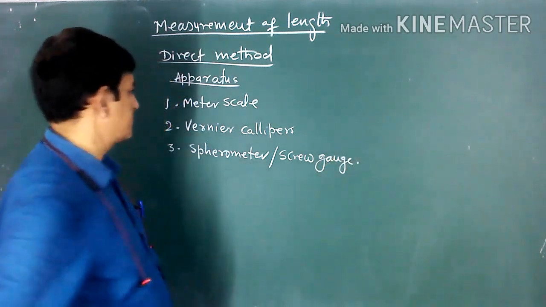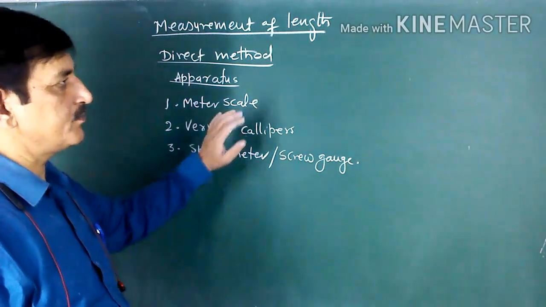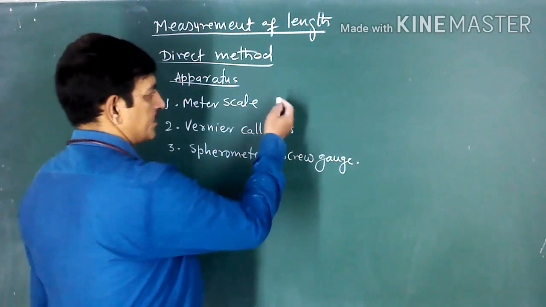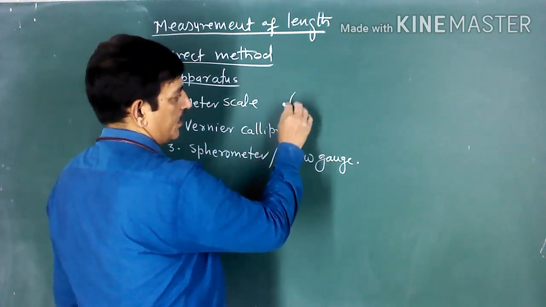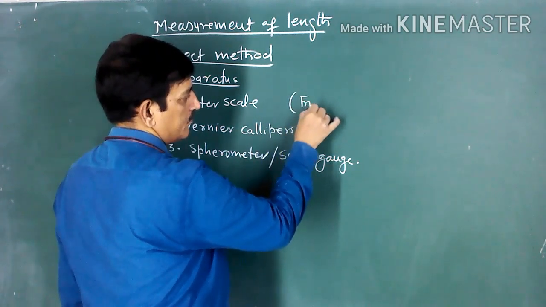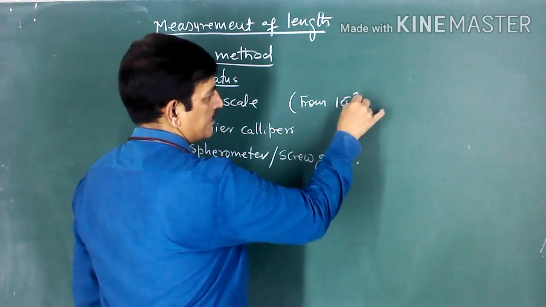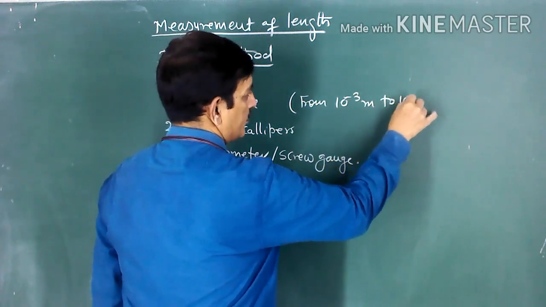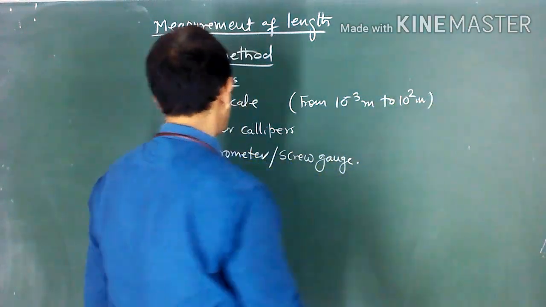So by using this meter scale, the range of length measured may be from 10 to the power minus 3 to 10 to the power 2 meter.